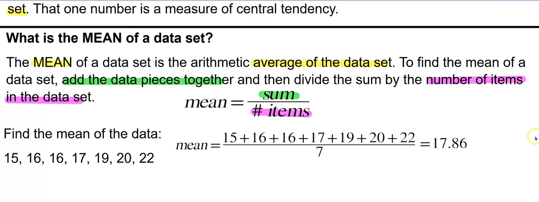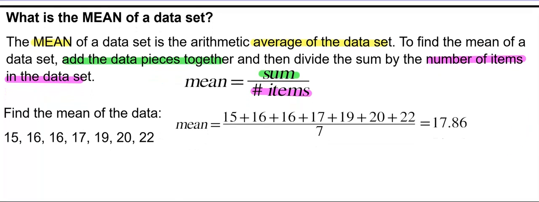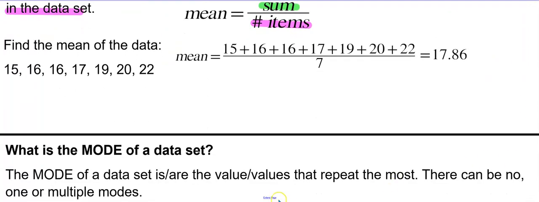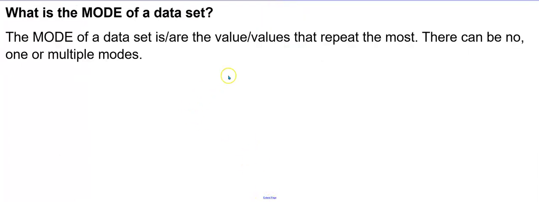Nice. Well, that's only one measure of central tendency. There are other ones. Frequently, we like the mode of a data set. The mode of a data set are the values that repeat the most. Notice I said "are." So mode: value or values that repeat the most.